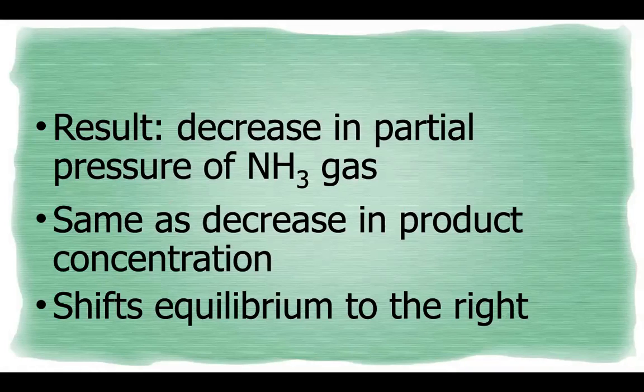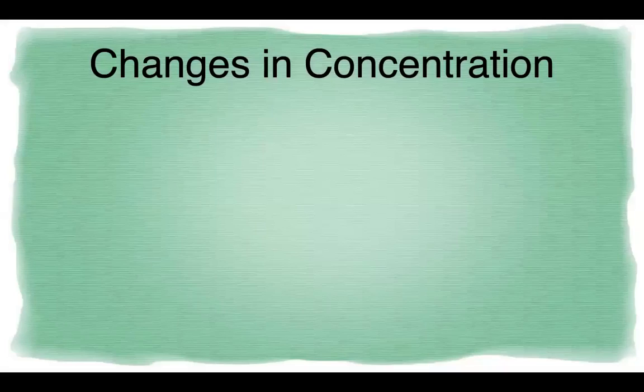So as we remove the ammonia, we're decreasing the partial pressure of ammonia. This is the same as a decrease in product concentration. So again, if we remove the product, then the equilibrium is going to shift to the right to make more product, and you can produce more ammonia that way. So that's a real life example of how we use Le Chatelier.